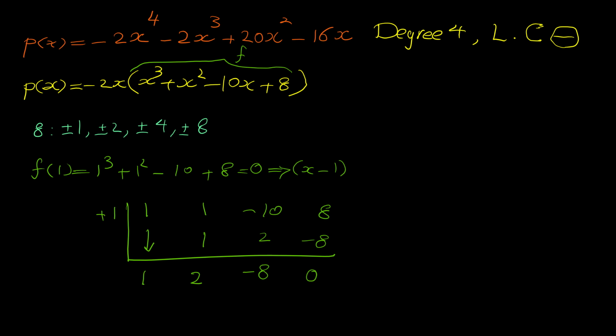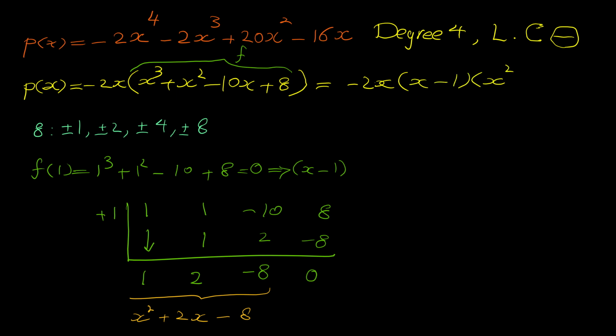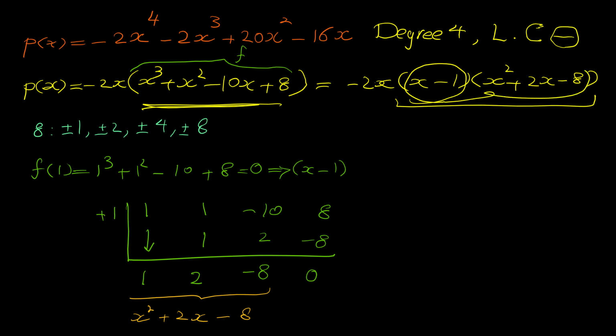Now by looking at this quotient, we know that we have x to the 2 plus 2x minus 8. So this can be written as negative 2x times x minus 1 times x to the 2 plus 2x minus 8. We factor this polynomial in this form. x minus 1 is a factor and this is the quotient.